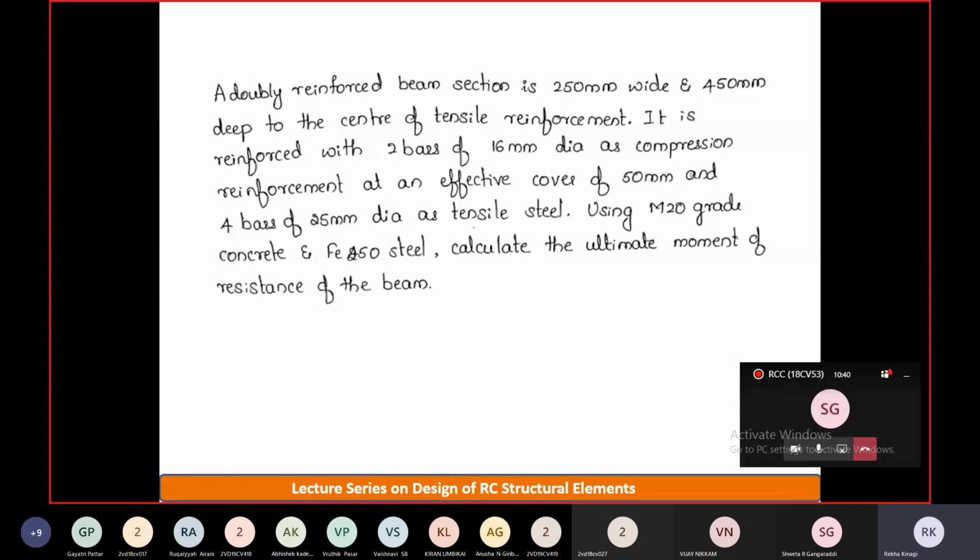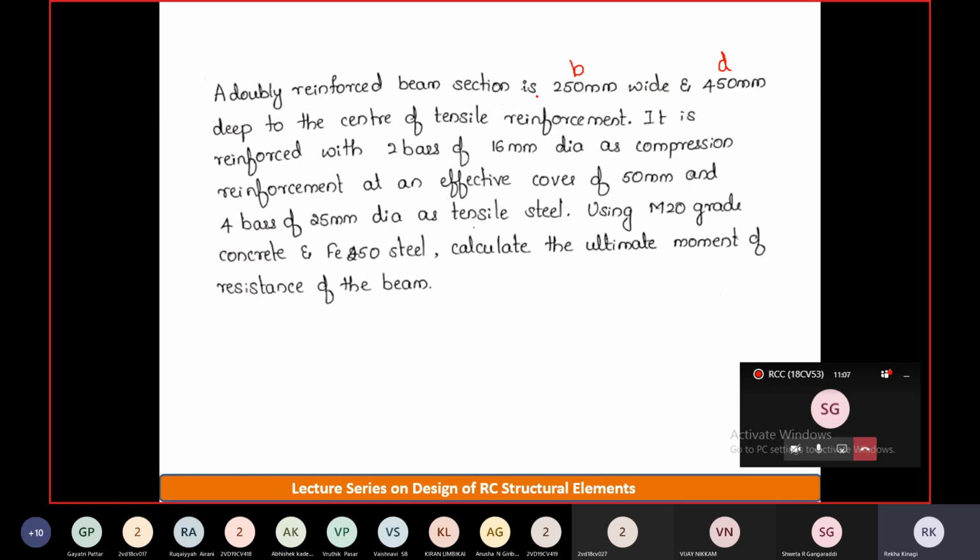The dimensions of the beam are 250 mm wide and 450 mm deep to the center of tensile reinforcement. So let me consider this as B, 250 mm. And 450 mm deep to the center of tensile reinforcement, that means this is effective depth, not overall depth.